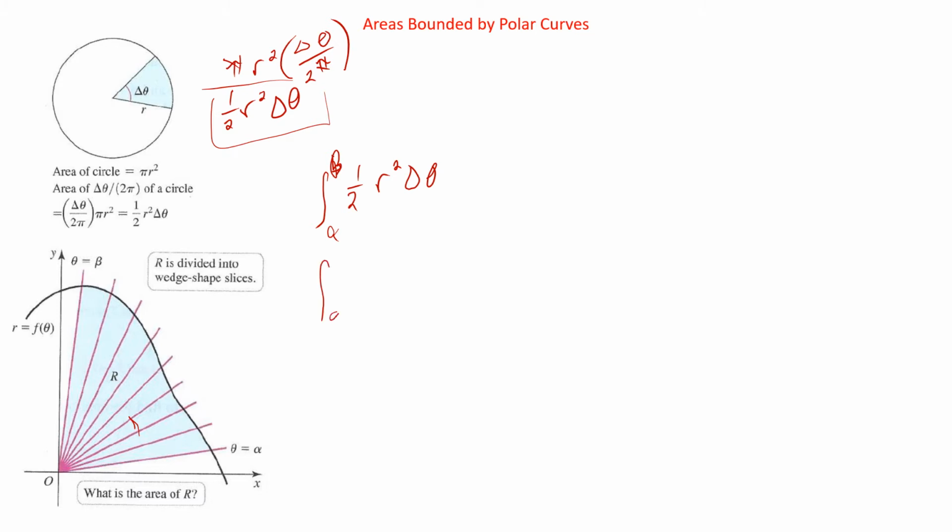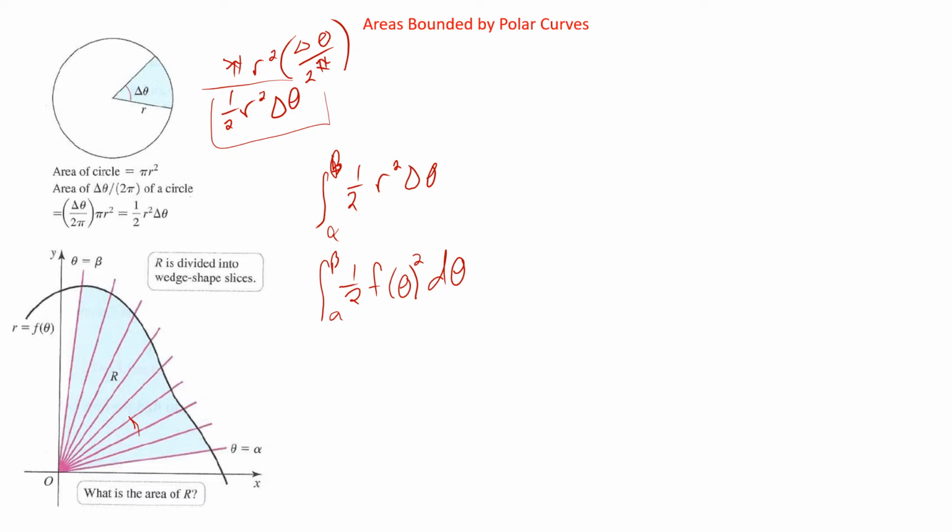So this would be alpha to beta of 1/2 times f of theta squared d theta. And remember, that's just what r equals. I mean, it's given to us. It's the equation.